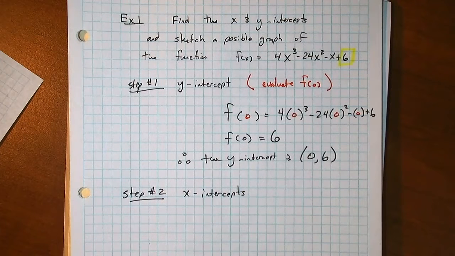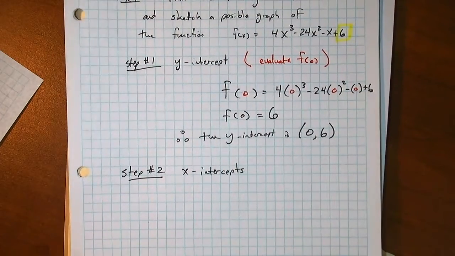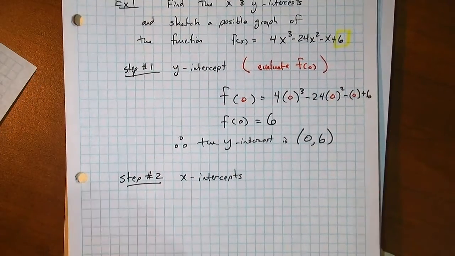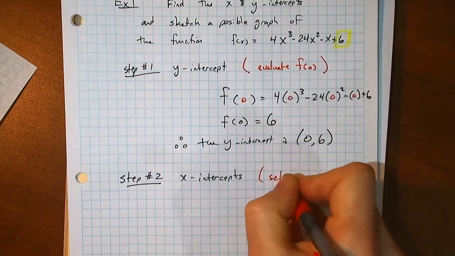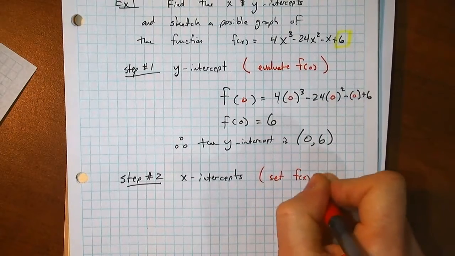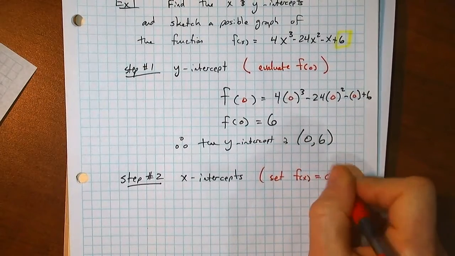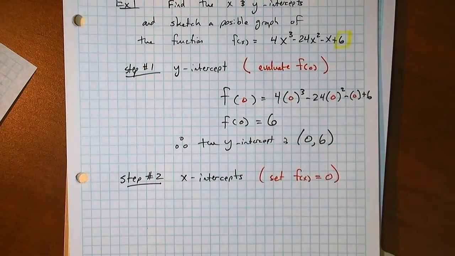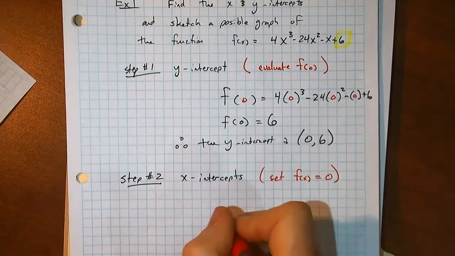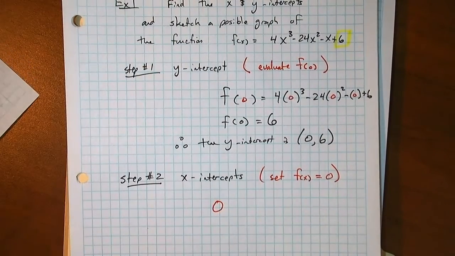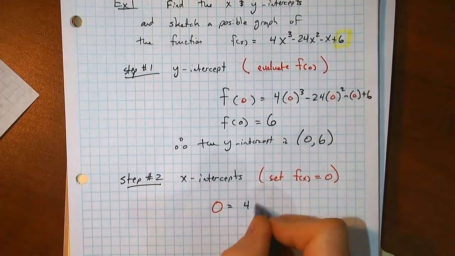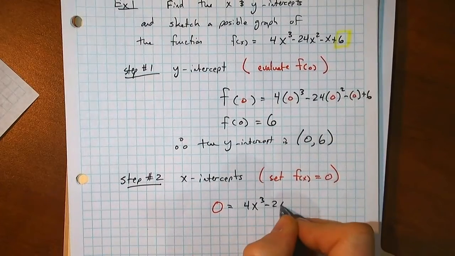And then I'm like, oh yeah, I need to know what's going on at the end. So I usually do the x-intercepts next. And we know for x-intercepts, what we do is we set y, or in this case, f of x, equal to 0. So instead of plugging in 0 for x, we're plugging in 0 for f of x. And then we solve this equation.